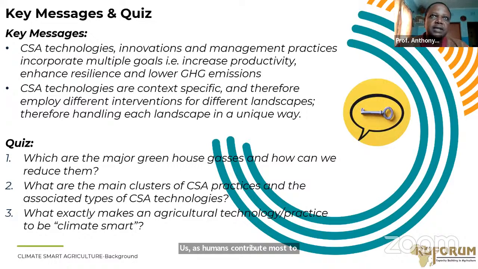They say about 78% of all the greenhouse gases produced by man is carbon dioxide. And what are these? They call them anthropogenic sources. What are these activities that bring about carbon dioxide emissions? Which are these activities?